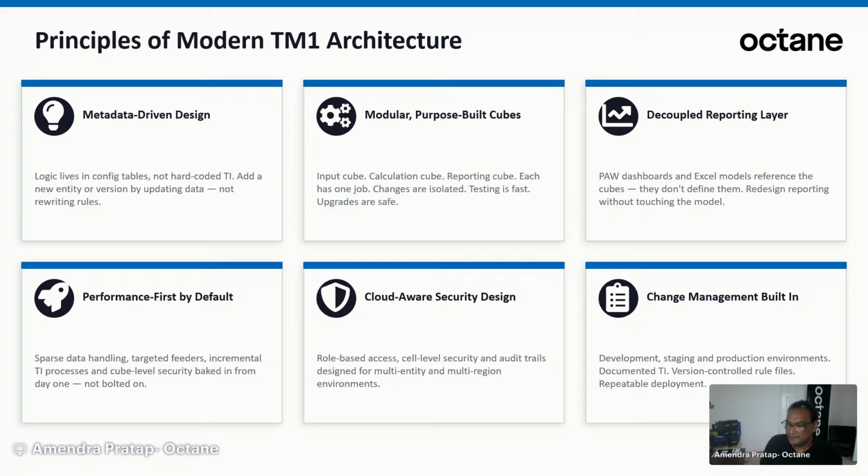Performance by default. Anyone who has been working with TM1 would understand this: past data handling, how to tune up the feeders and things like that. More and more, one day AI will do this for us, but for now, you still need a TM1 consultant to do these things.